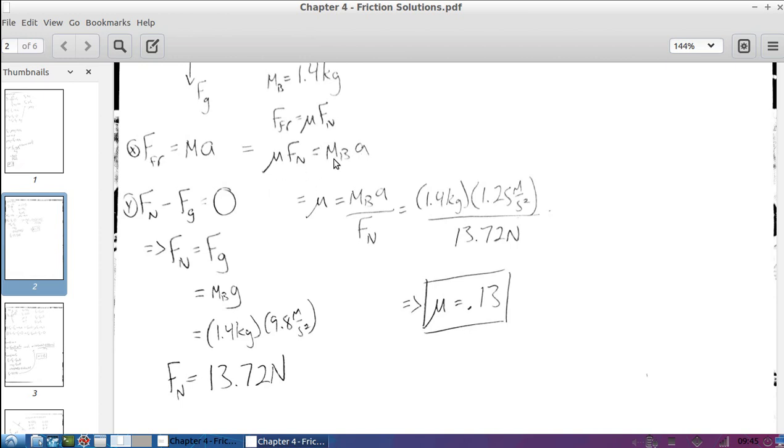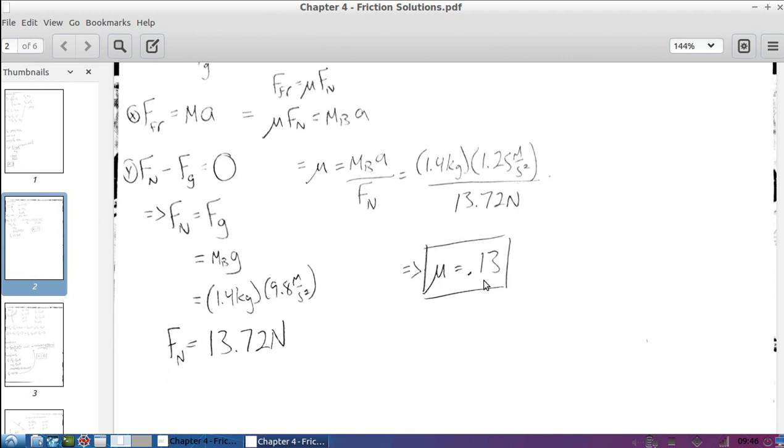So I can solve this for mu. I have the normal force calculated already. I've got the mass of the crate. Again, I'm substituting the magnitude of the acceleration in here because of this negative sign issue. Divide both sides by the normal force. Mu is mass times the acceleration over the normal. And I substitute my values in, and I get a coefficient of friction of 0.13. Okay.